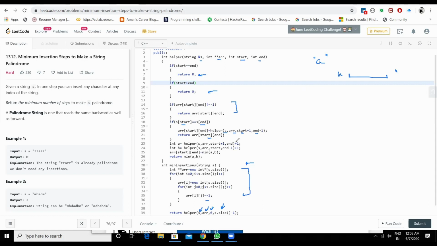If they are not matching, I have two possibilities. One possibility is this substring, because in that case I would be adding this character at this place.